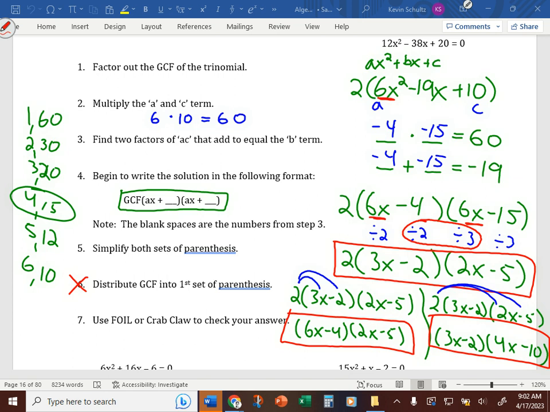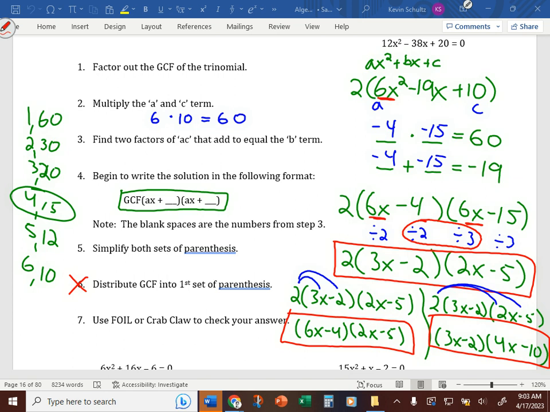Because in step 6 you multiplied it by 2 and you got the answer, couldn't you just take the starting equation and divide that by 2? That's what we did. That's how we got the 2 as a GCF to start with. No, if we divide the original trinomial by 2, we still end up with a trinomial, right?